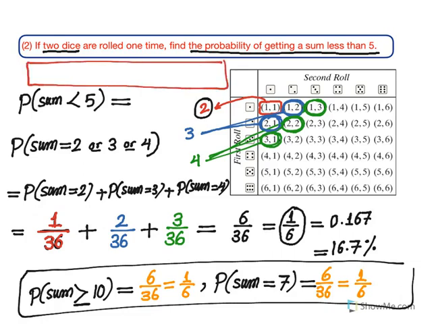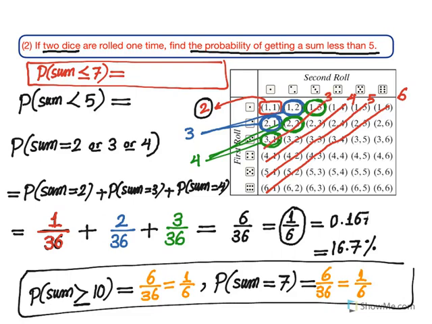Okay, so what about the probability that the sum is, let's say, less than or equal to 7? So we want it to be 7 or less. In this case, notice what you will do. The sum 7 is all of this, which has 6 values. The sum 6 is 5 values. The sum of 5 is 4 values. The sum of 4 is 3 possibilities.